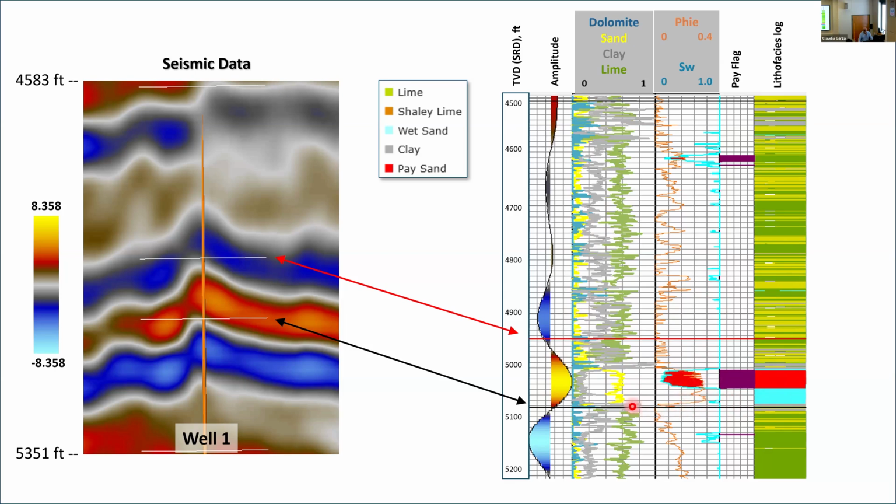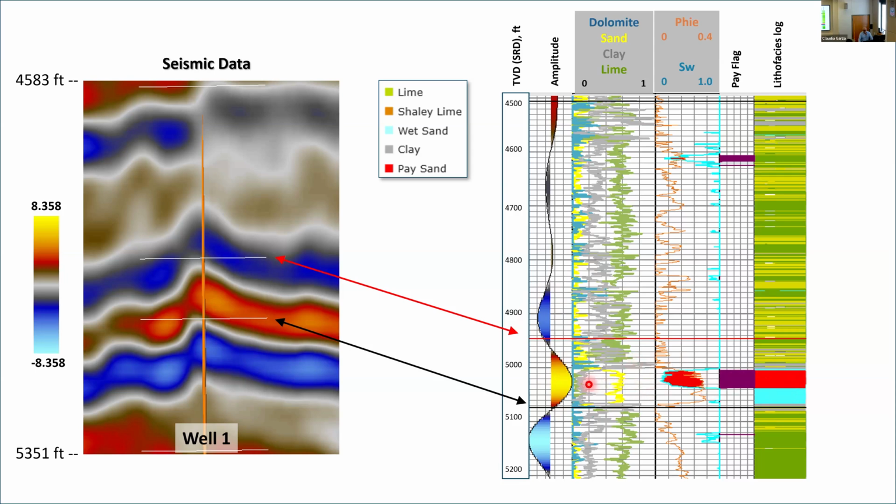Things to note in here. Previously we had the limit of 1/4 of the wavelet, which means, if we consider this a wavelet, we were limited to identifying layers as thick as this. Here we can see that in 1/4 of a wavelet, we're actually identifying 2 or 3 different layers.